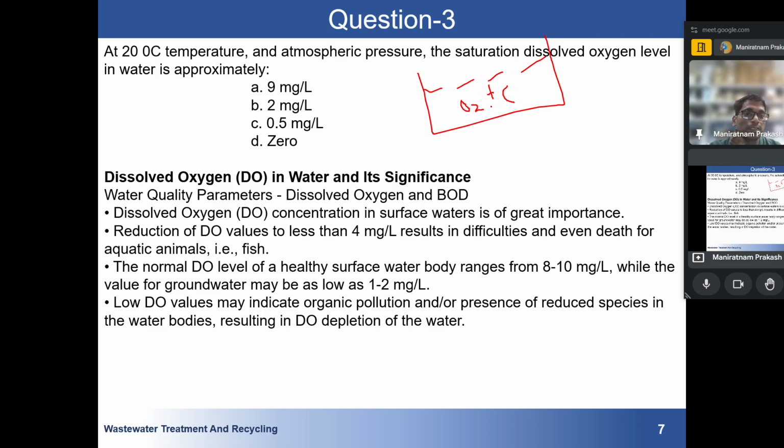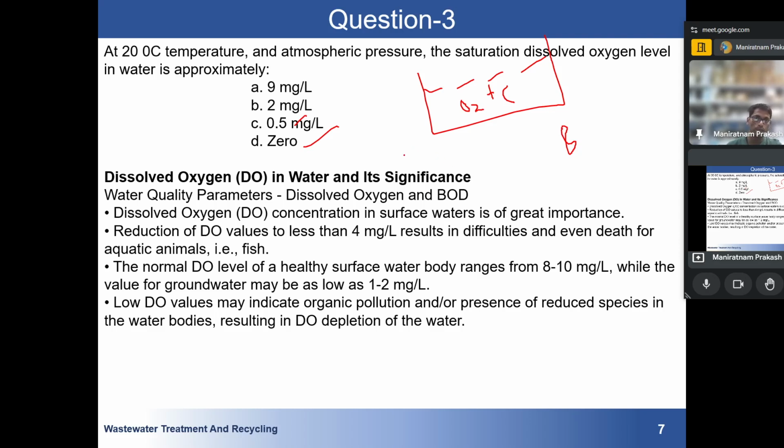So whatever dissolved oxygen was there will get depleted. Now suppose you threw untreated wastewater into water which initially has a DO of say 8 milligram per liter. So here the fish and all aquatic life was very nice.